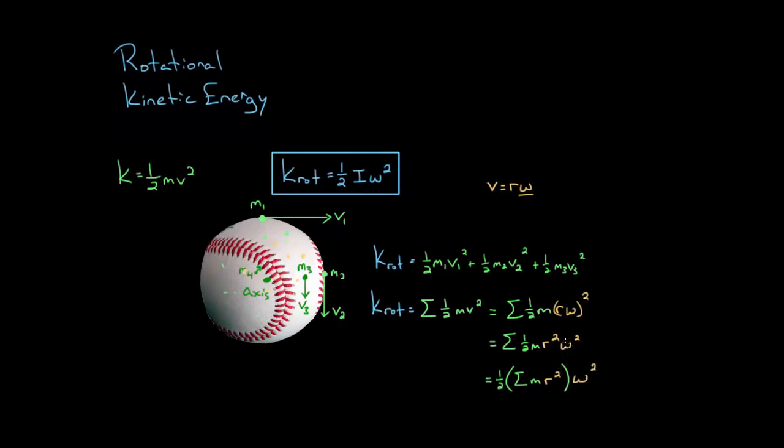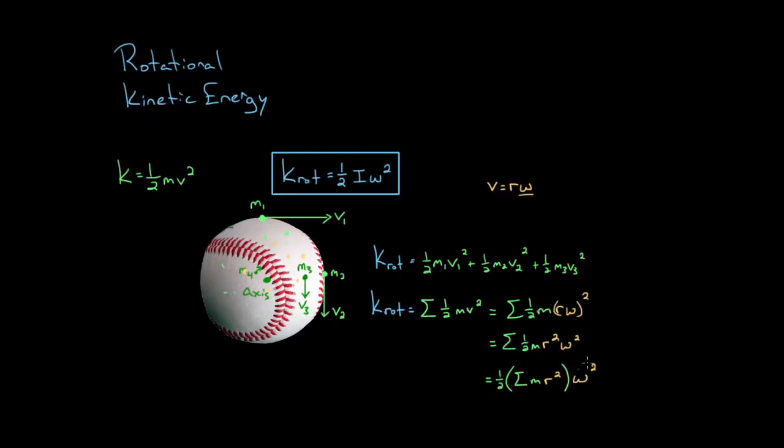I'm basically factoring this out of all of these terms in the summation. It's like up here, all of these have a 1/2. You can imagine factoring out a 1/2 and just writing this whole quantity as 1/2 times m1v1 squared plus m2v2 squared and so on. That's what I'm doing down here for the 1/2 and for the omega squared. So that's what was good about replacing v with r omega. The omega is the same for all of them. You can bring that out.